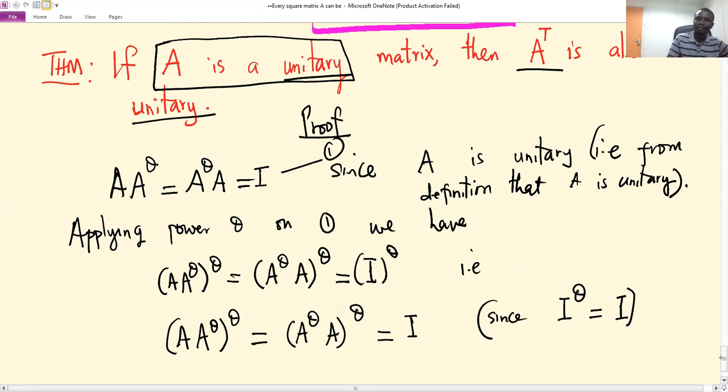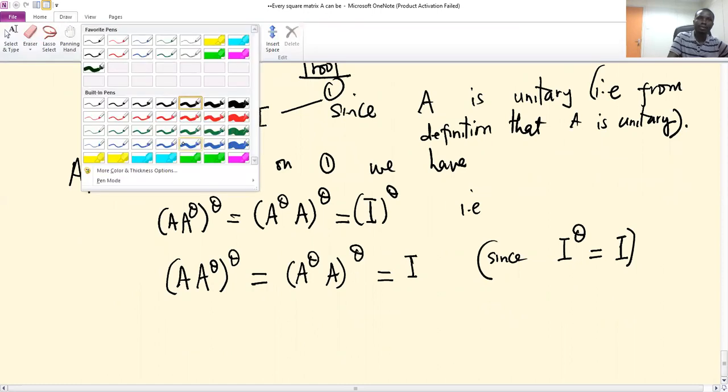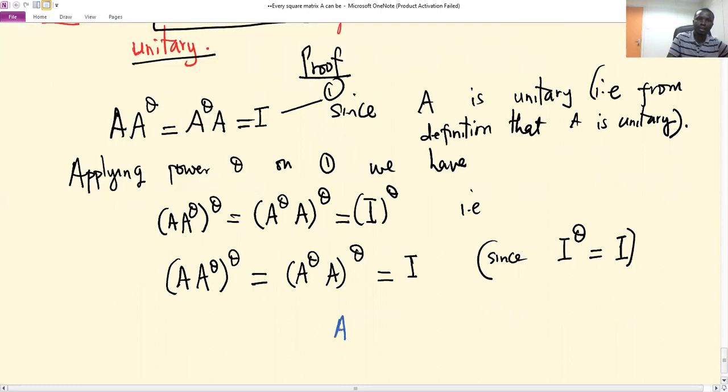Now from a previous result, we know that (AB) power theta is the same as B power theta A power theta. So you raise the product of two matrices AB to power theta, and it's the same as changing the order and then raising each to power theta.